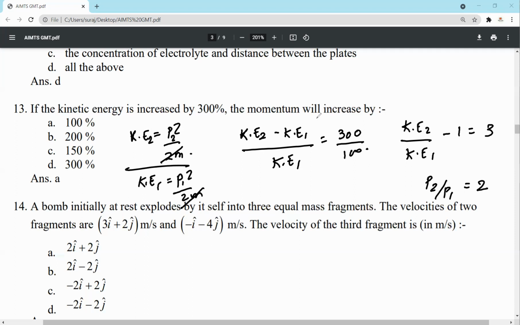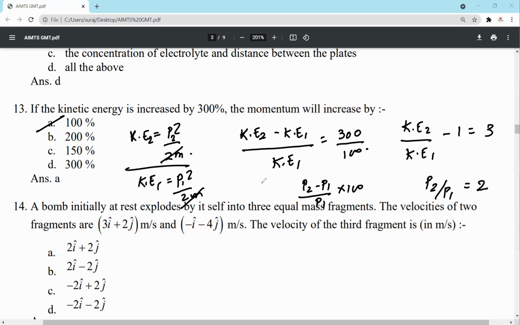What do you want? The momentum will increase by (P2 minus P1) by P1 into 100. P2 is twice P1, so the answer will be 200%. Sorry, 100%. Twice P1 minus P1 is P1, P1 will get cancelled, and we get 100%.